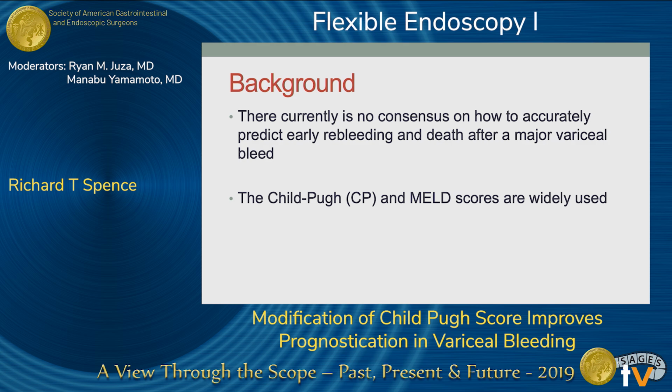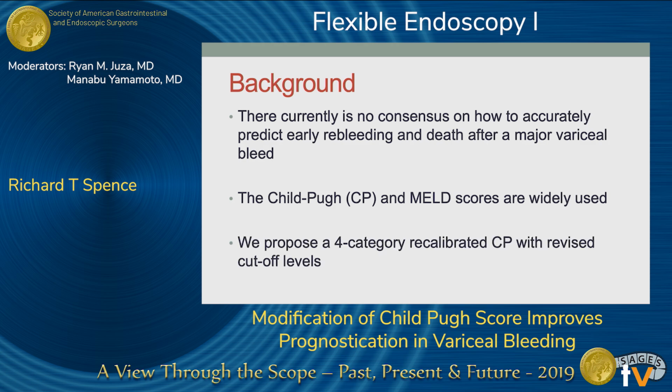It was then modified by Pugh et al. in the 70s for looking at outcomes with regard to esophageal resection following bleeding varices. So it's been almost 50 years since we've looked at the score and revised it. And MELD was first described in the late 90s, specifically in the setting of TIPS.